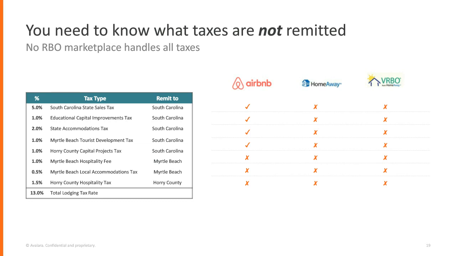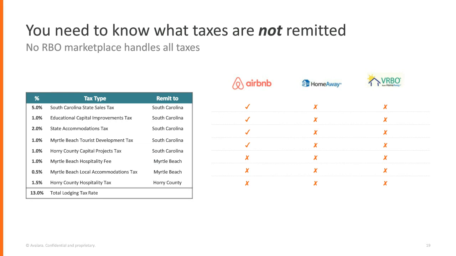If you're in a situation where a listing agency collects some but not all of the required taxes, simply give us a call. All of our agents at MyLodgeTax are trained to understand what VRBO and Airbnb are remitting, and we even have a solution within our software that can help people distribute the correct amount of taxes to the correct jurisdictions, accounting for what these companies have already been doing.